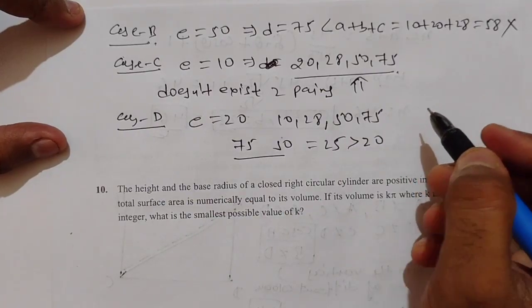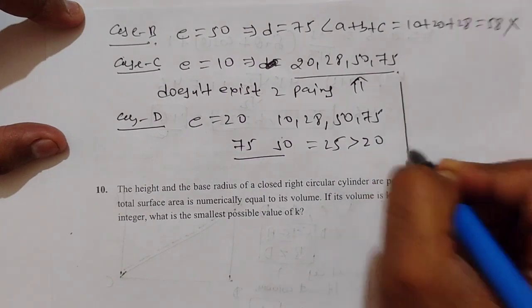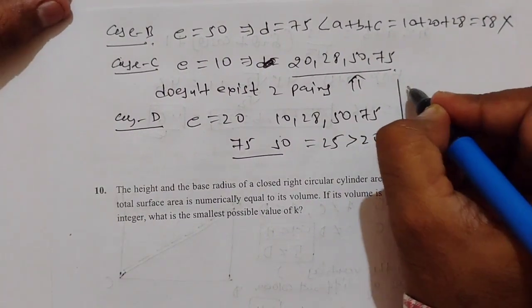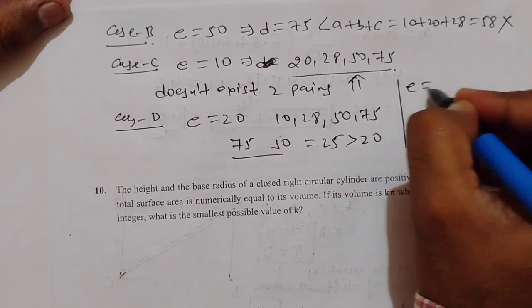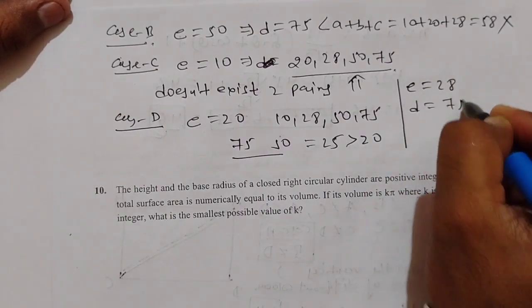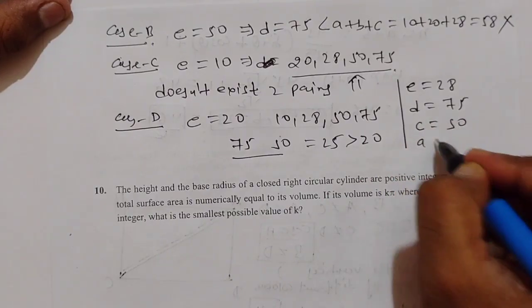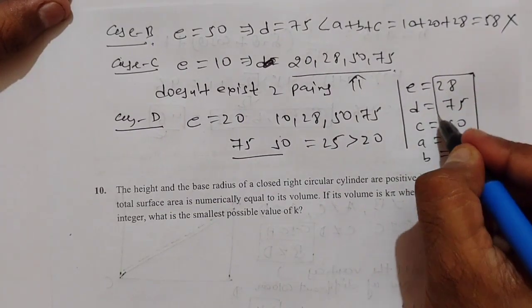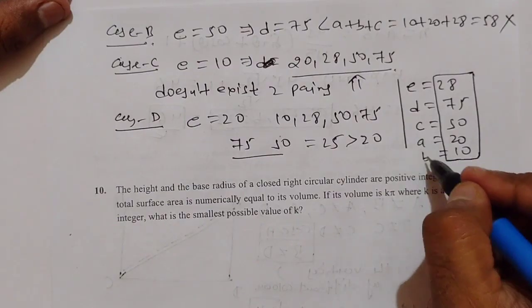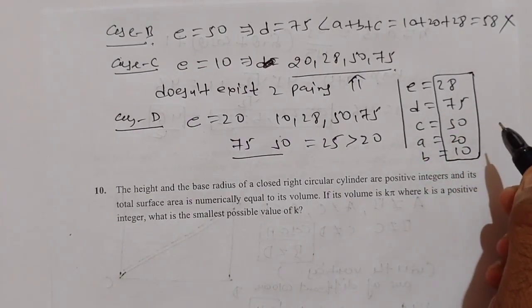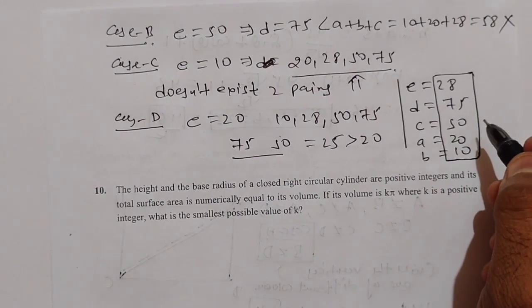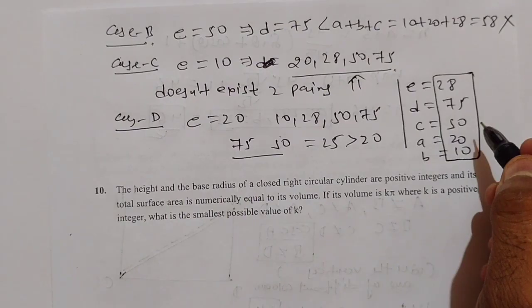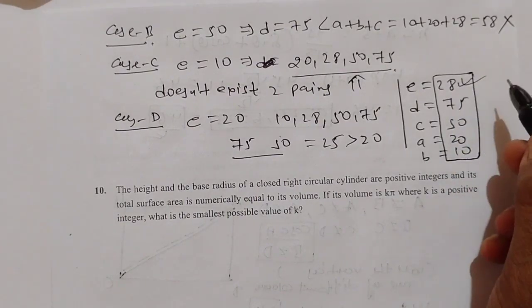So in this case we have the values: E will be 28, D is equal to 75, C is equal to 50, A is equal to 20 and B is equal to 10. So in this case we have the solution for the value of diagonal E is 28. This is the solution.